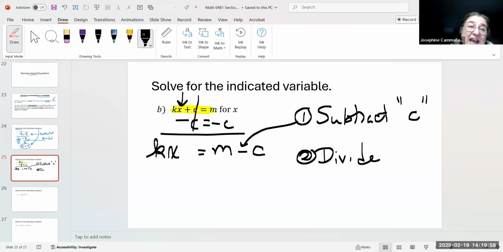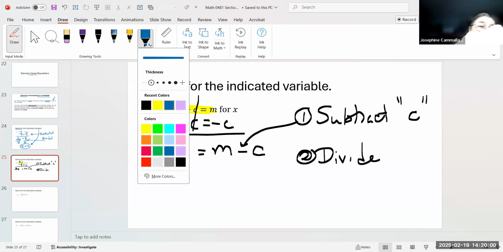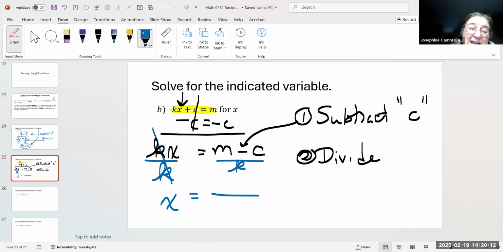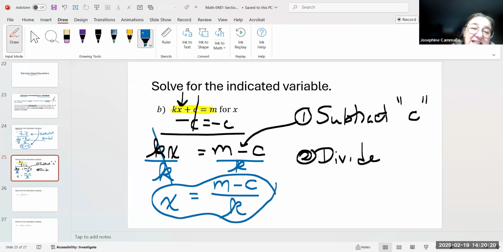Well, I'm still going to divide. I'm going to draw the fraction bar, and I'm putting k here. This will give me x because the k's are going to cancel. But what I get here is m minus c divided by k. This is solving for the indicated variable.